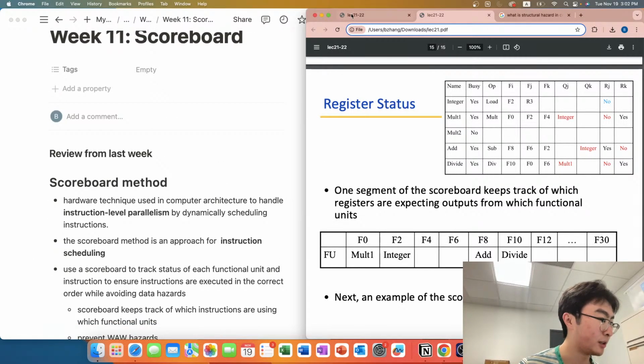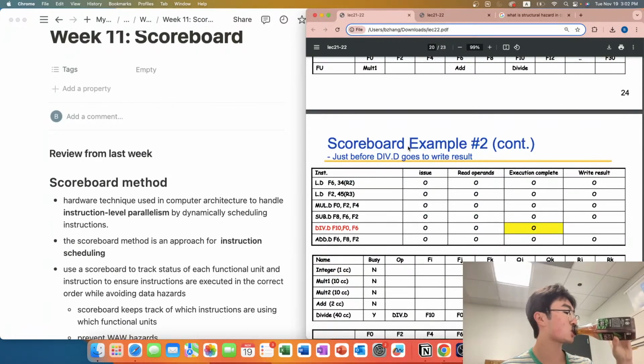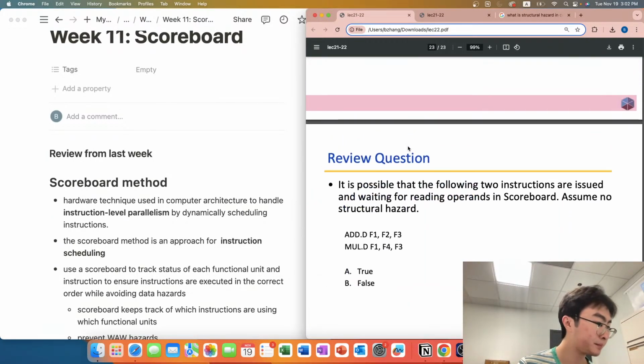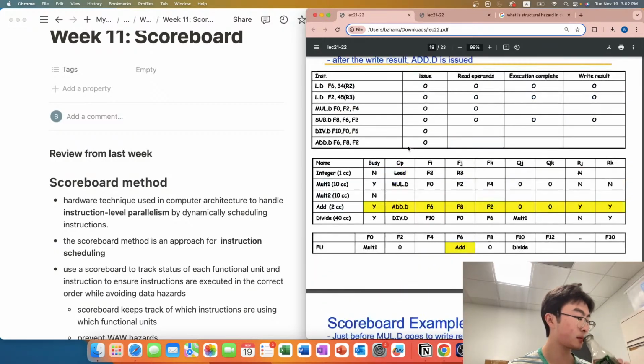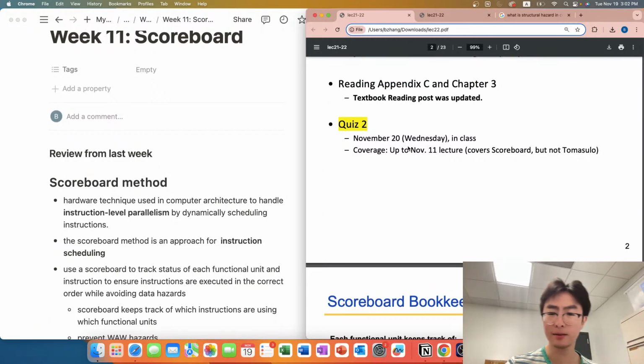Let's try to see this example then. And then that's probably it for this stream, so let's try to do that.